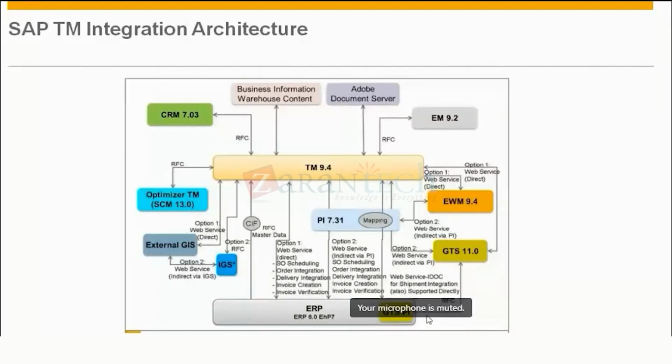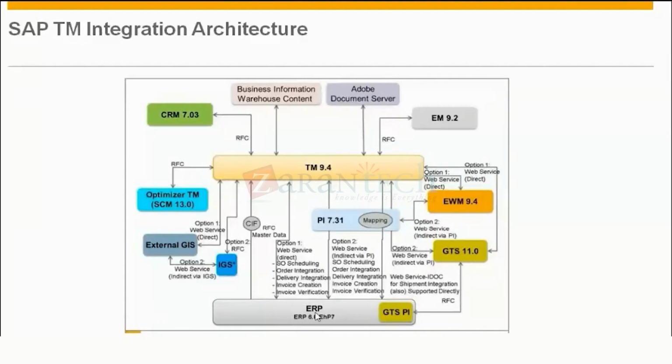And this GTS can talk again in two different ways. Either GTS can talk directly through your SOA Manager when you are using the direct web service, or you can talk via PI. So when it is a direct service, it is SOA Manager. When it is an indirect service, it is always via PI.